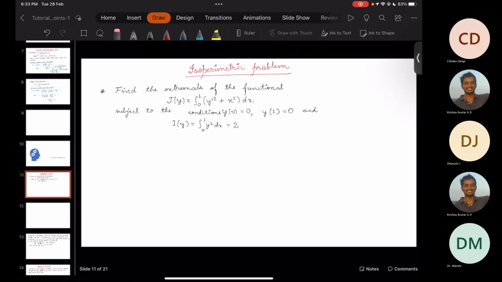Okay, so let me first write the auxiliary problem, or the auxiliary functional.